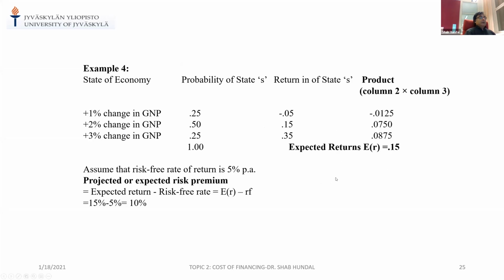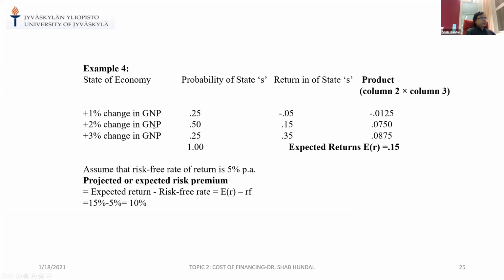And if the economy is growing at 1%, then the stock of a particular company or portfolio of particular stocks will rise at -5%. So the stock would basically be going down 5%.